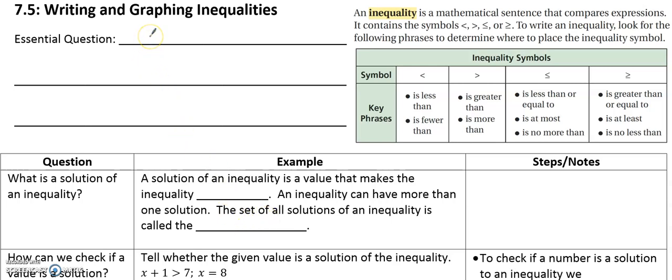Oh, it's working now! 7.5, writing and graphing inequalities, which means that we have two quantities which are not equal.